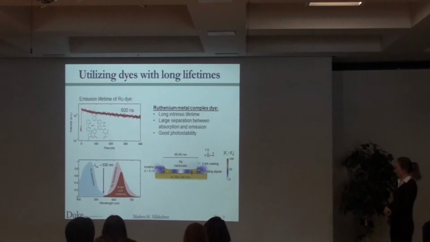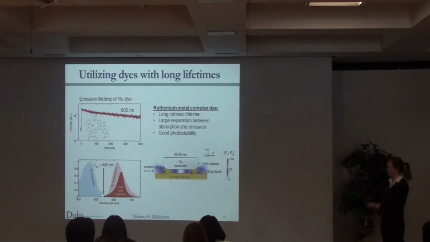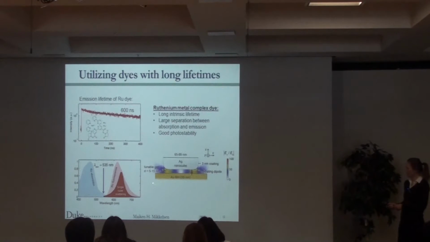These ruthenium metal complex dyes also have a nice separation between the absorption and the emission spectrum, a large Stokes shift, and also relatively good photostability. What we set out to understand in this case was how large an enhancement we can get in the spontaneous emission rate, and how this depends on the gap size.